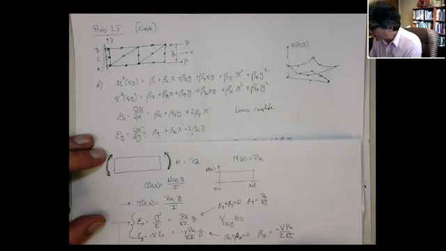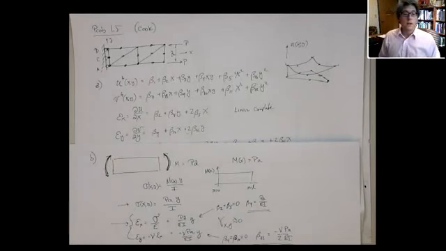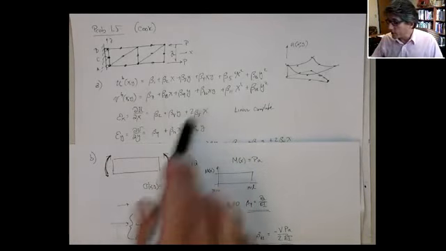Okay? So if I pick the nodal displacements such that these come out to be the betas, all right, this element should be able to exactly reproduce that linear strain field.